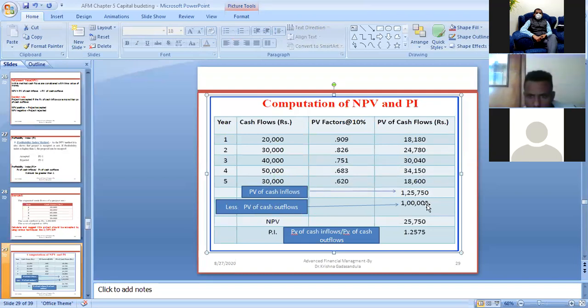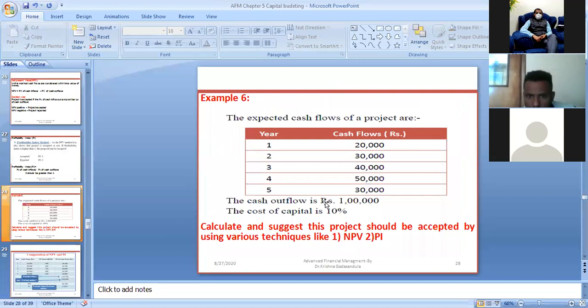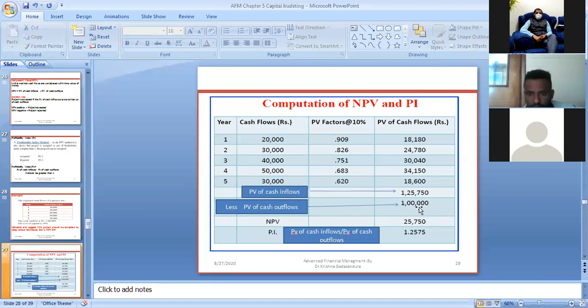What is the present value of cash outflow? What is the investment? 100,000, the outflow. So present value of cash inflows minus present value of cash outflows of 1 lakh, NPV equals 25,750. Is it negative or positive?